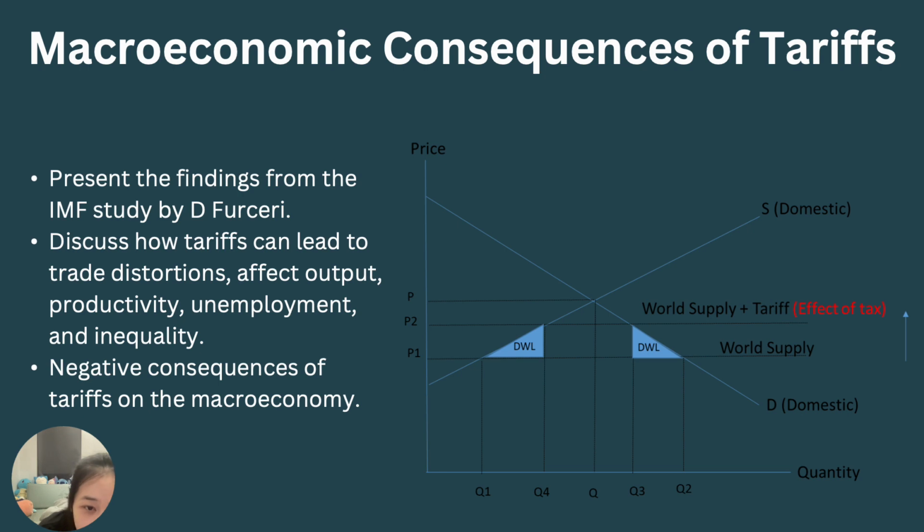This will result in a reduction in the quantity demanded, whereas it imposes an upward shift in the domestic supply curve. Lastly, the quantity traded will decrease, while the new equilibrium price will be greater than the initial equilibrium price.